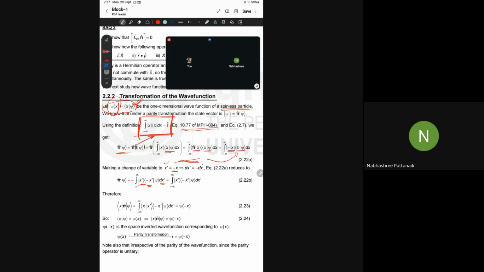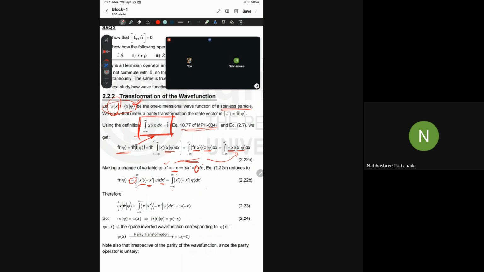This minus sign is actually coming over here. So minus of the integration from infinity to minus infinity will become the integration from minus infinity to infinity.